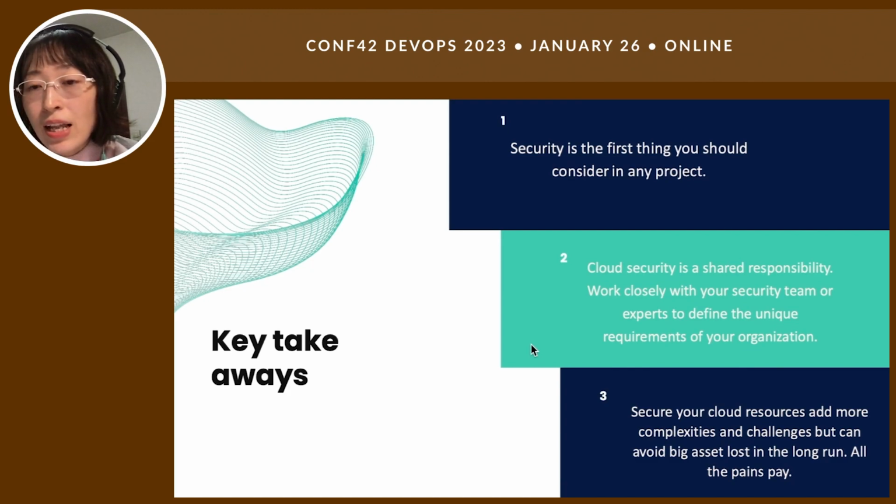And last but not least, as you can see from my demo, building a self-hosted agent is definitely more complicated than using the Microsoft hosted one. Considering security and other factors in our design or implementation will add more complexity and even more challenges.